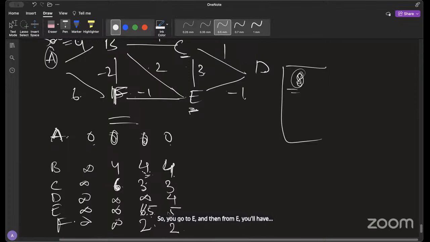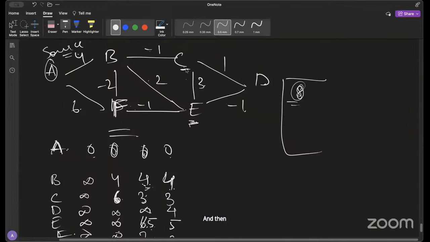At E you have 5. Then you can have 5 minus 1. At F you can have 4, but you already have something lesser, which is 2. So you will not update it to 4, you will keep the 2 here. And at E you have 5. 5 plus 2 is going to be 7. So you won't update D either, you keep it as 4.